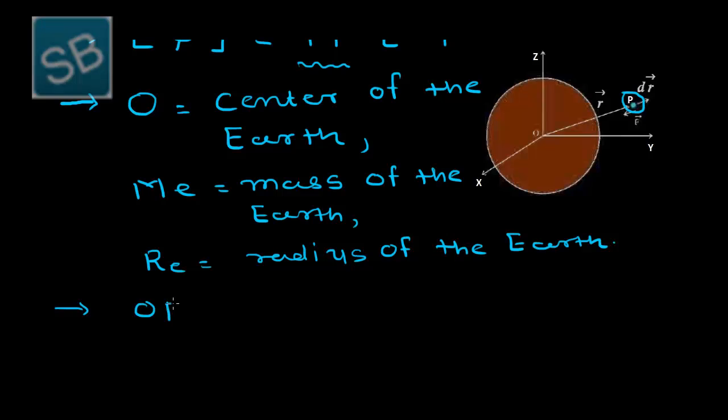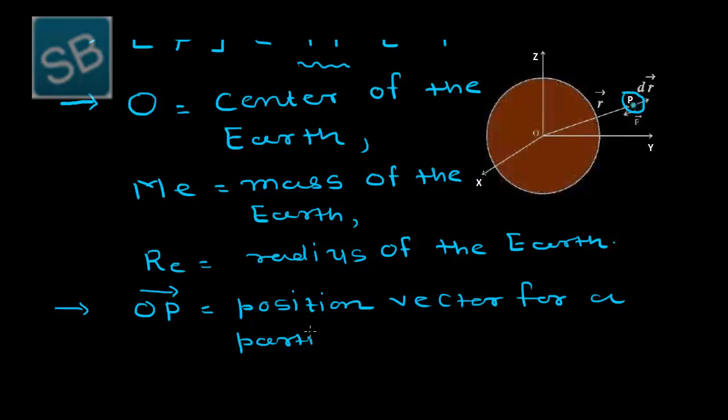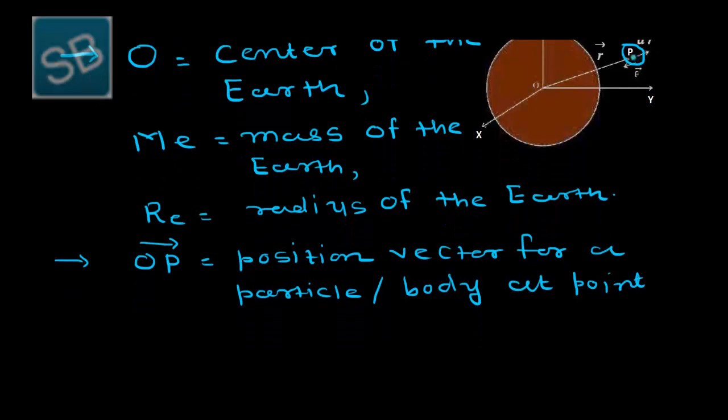So OP vector is the position vector for a particle or any body at point P. And it is denoted by small r.